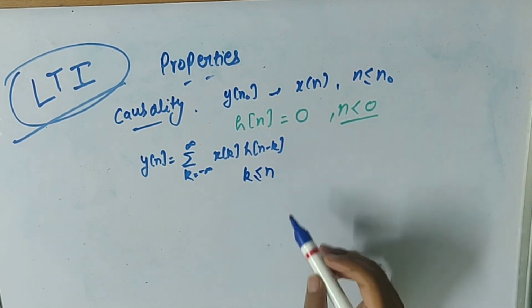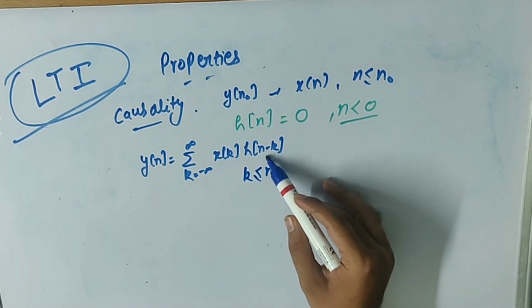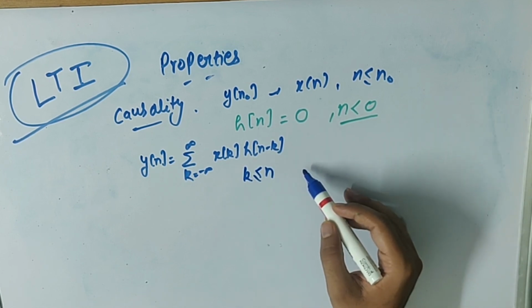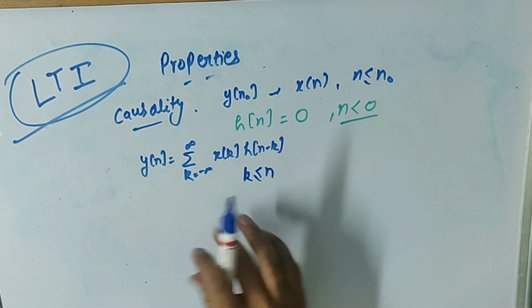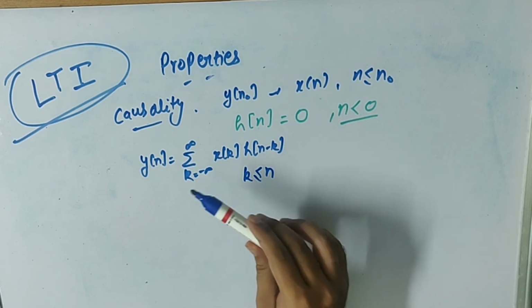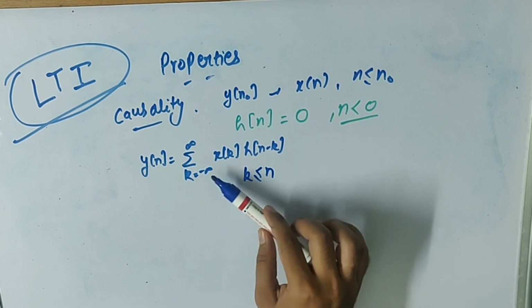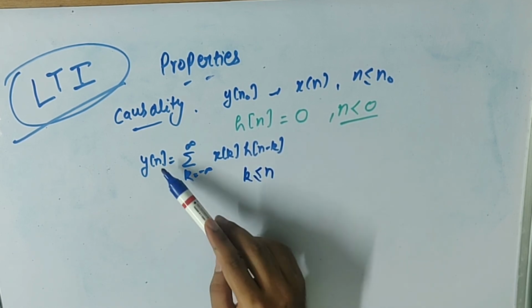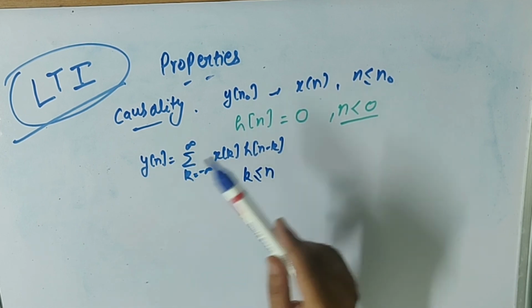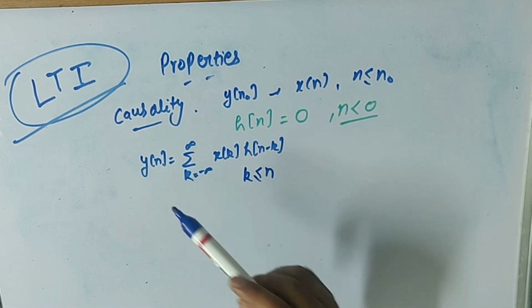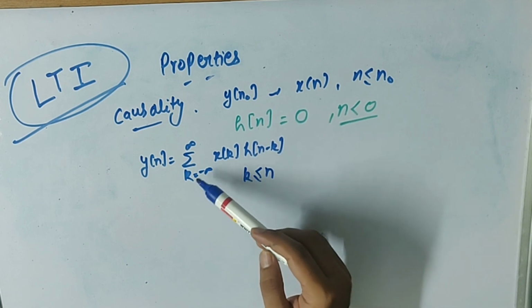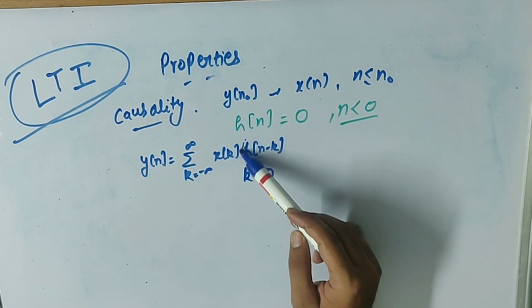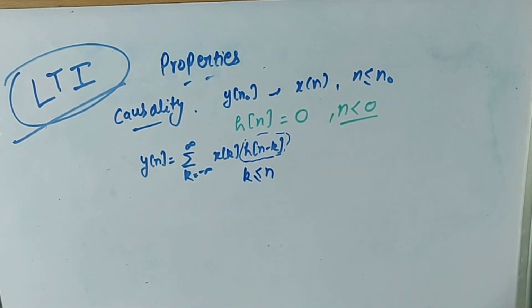That means the argument of h, n minus k, should always be non-negative. So for those values of k which are greater than n, h should be 0.